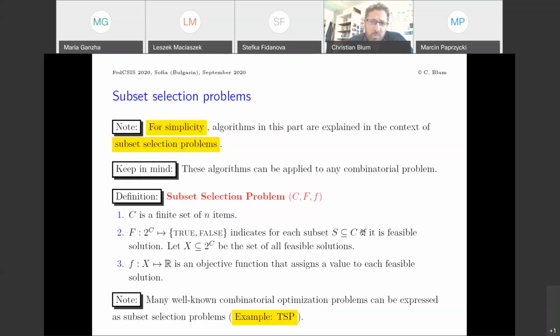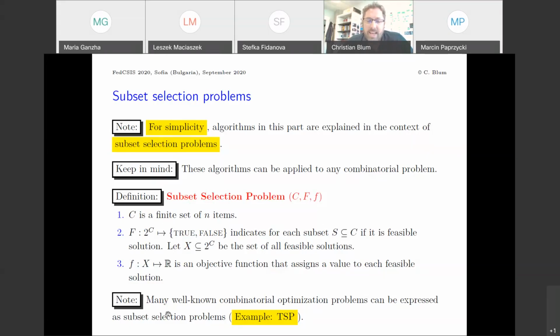A subset selection problem is a triple like this, where C is a finite set of n items. F is a function that tells me for each subset of C if it's a valid or an invalid solution. We can call the set of all feasible solutions X. And then we have an objective function that gives us for each feasible solution an objective function value.